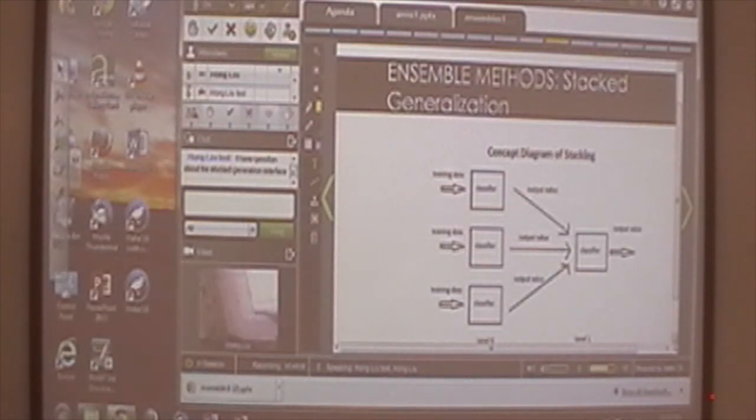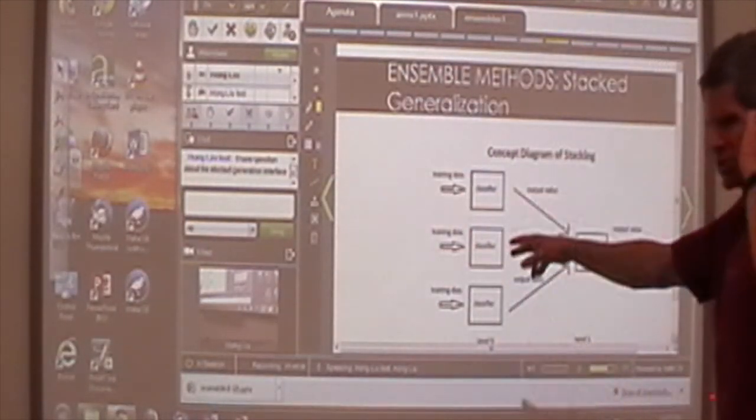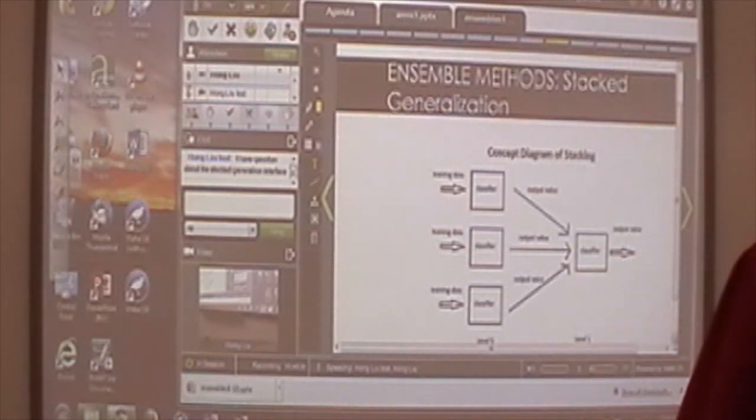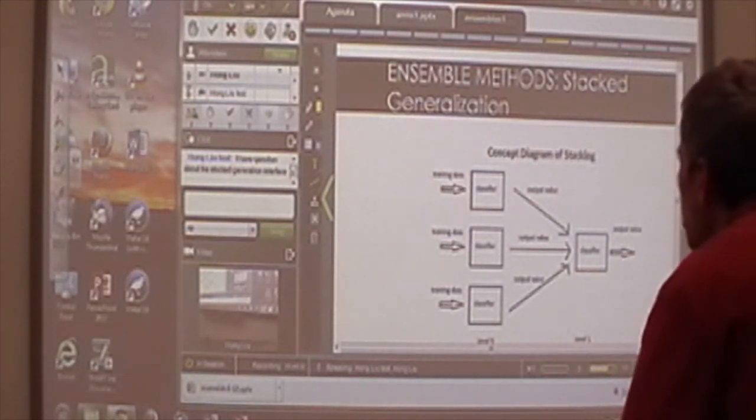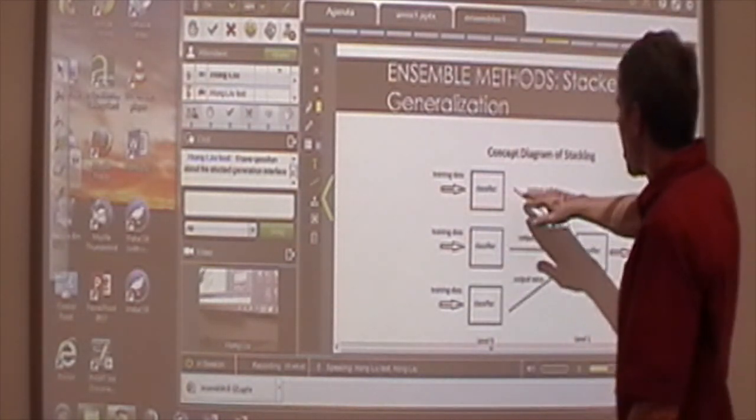So you're getting all these values, right? Yeah, and just the output value, what does this look like? Well, it's going to depend on what classifiers you use there. It could be that for each instance you're getting a value from each classifier.